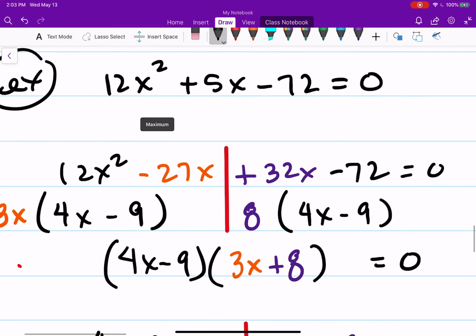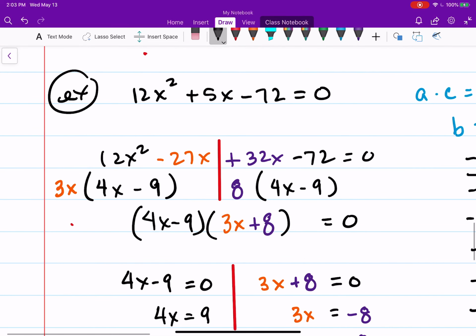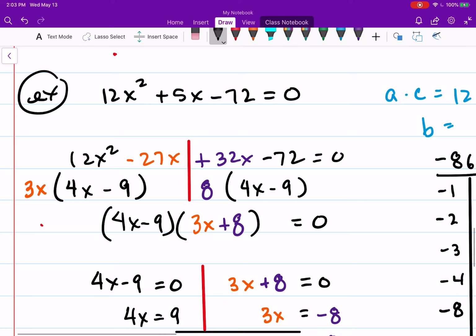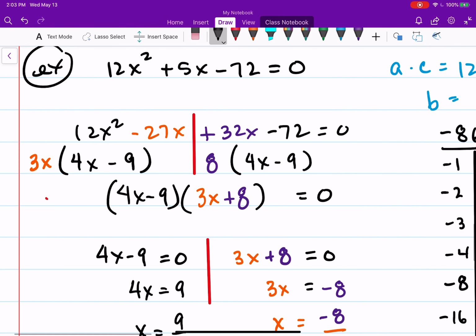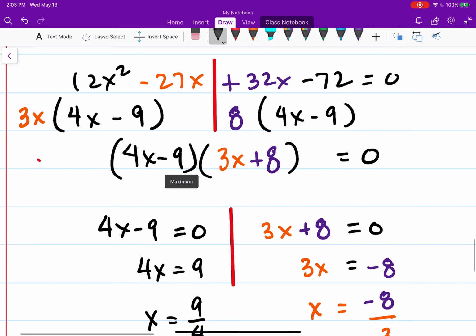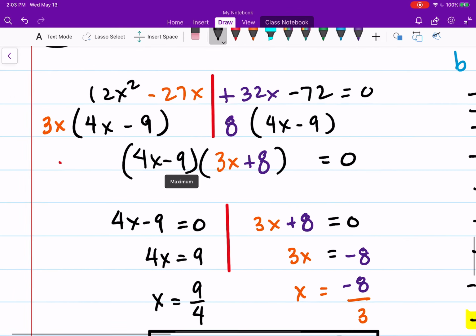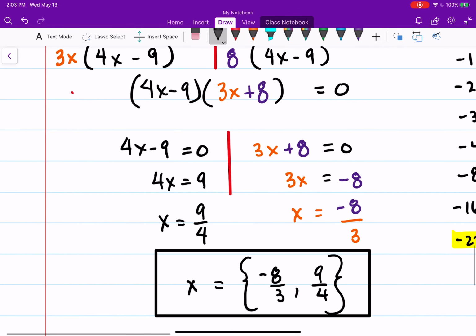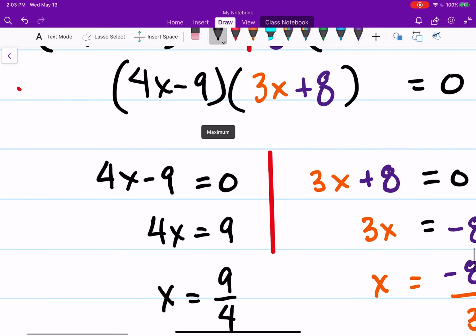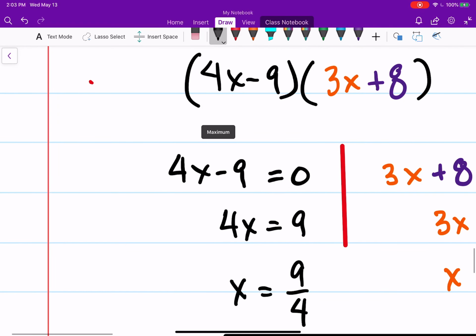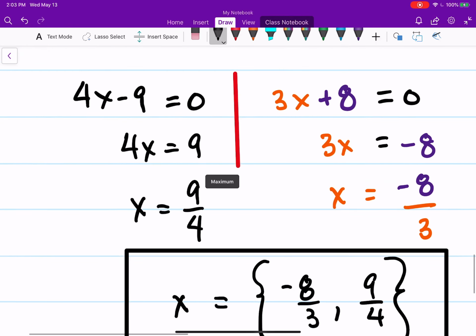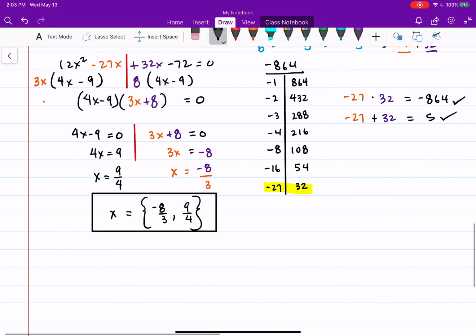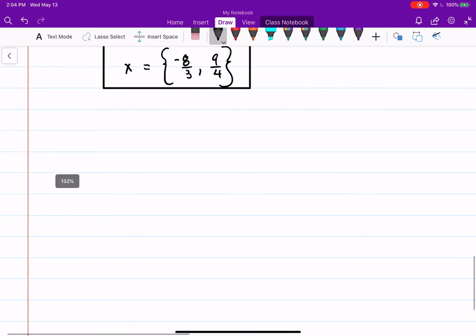So x squared, then x, then number by itself. GCF, no GCF, then the AC method, split the middle term, and then factor by grouping, get my factors, which is the 4x minus 9 and the 3x plus 8, set each of them equal to 0 and solve. Okay? Let's try another one.